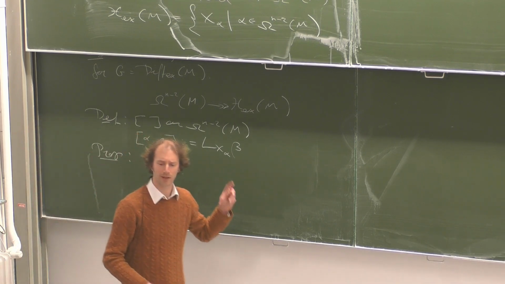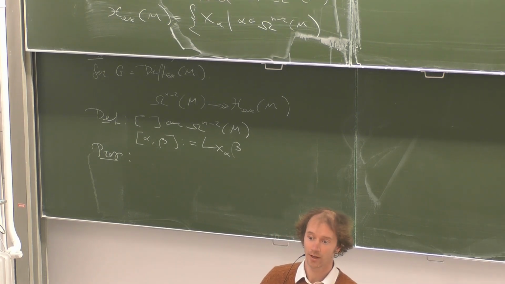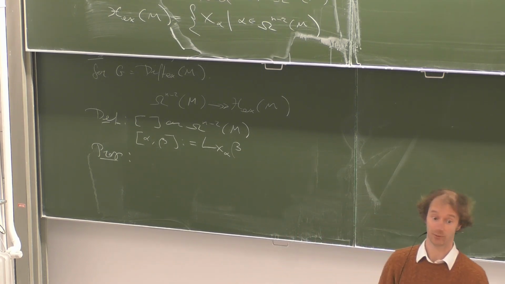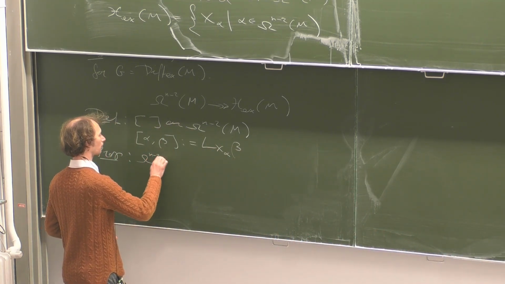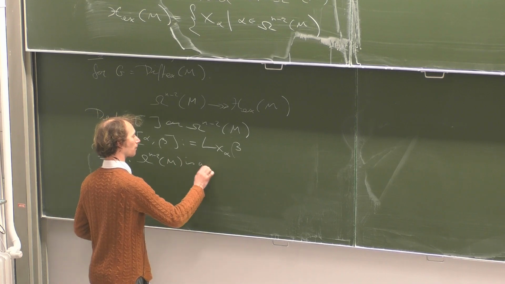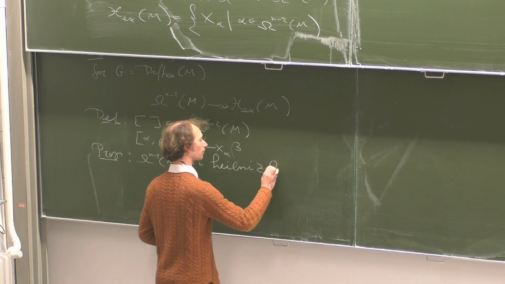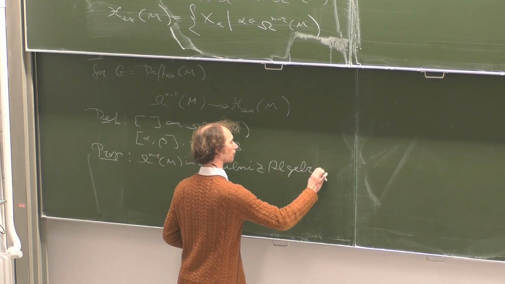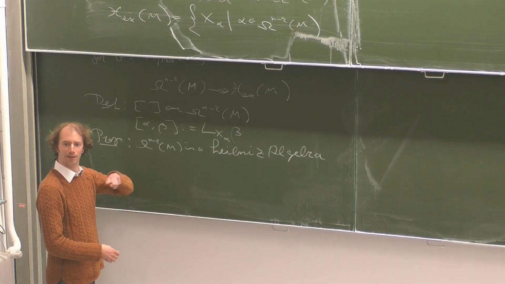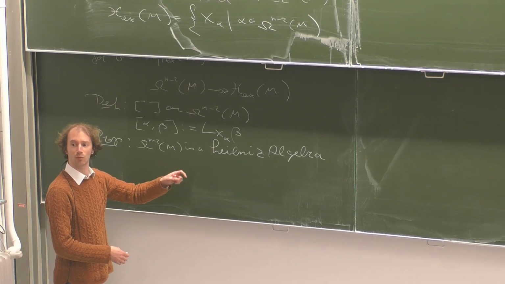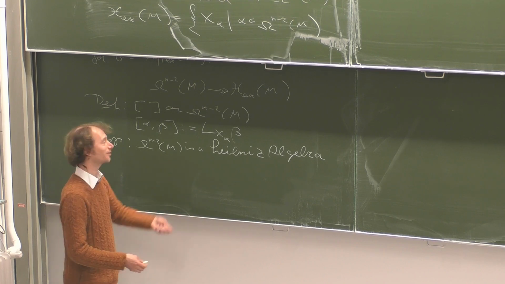It's not so hard to see that this bracket makes Omega^(n-2) into a Leibniz algebra. Not quite a Lie algebra because it's not skew symmetric. It's a left Leibniz algebra. And as Katrina said in the hour before this one, the nice way to write the Jacobi identity in the context of non-skew symmetric brackets is this way.